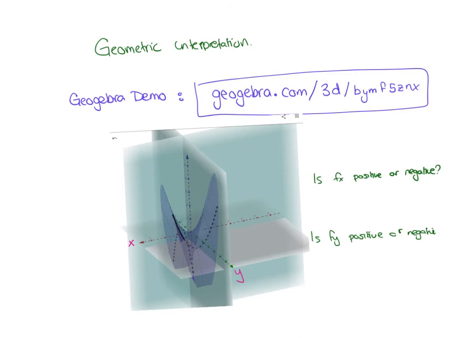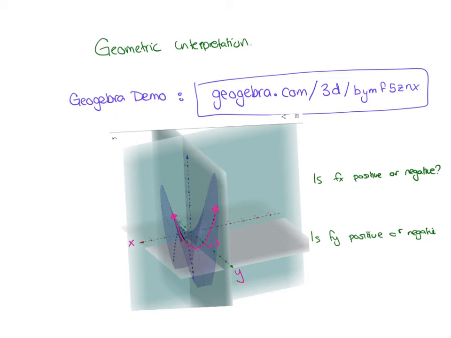So geometrically, what are we actually finding? If you remember, we had this demo where we looked at the different traces, the x traces and the y traces. Those are just the curves you get where x is equal to a constant and y is equal to a constant. So when I'm doing a partial derivative, what I'm actually doing is taking my function and setting y equal to a constant, so maybe y equals 3, and I'm looking at the single variable curve I get in space when y is equal to 3.